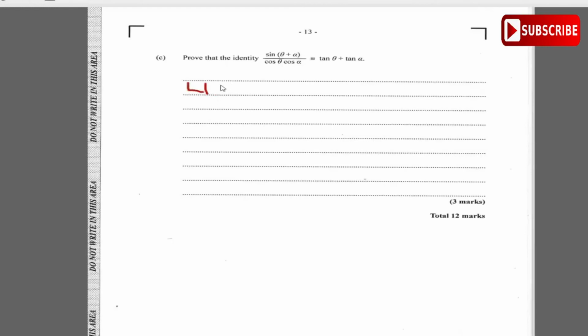I love saying LHS, my left-hand side, which is the sine of (theta + alpha), and that is, of course, being divided by the cosine of theta times the cosine of alpha. So let's work out this easy question.